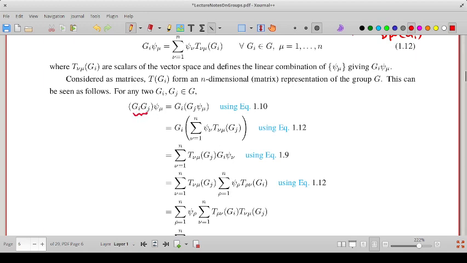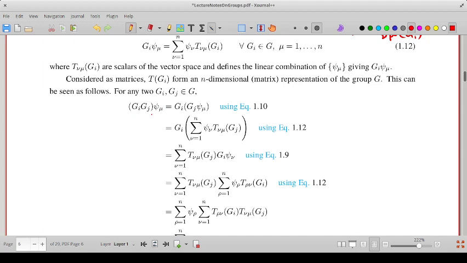This is an element of the group G because Gi and Gj are elements of the group G, and their product, because of closure, is also an element of G. So consider the action of this element, represented as the product of Gi and Gj, on a basis vector psi mu of the n-dimensional invariant subspace Ln of the vector space.